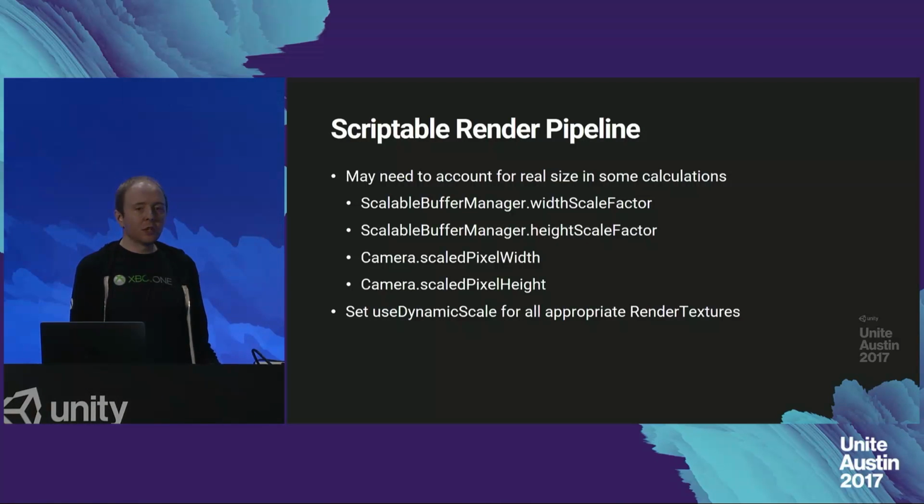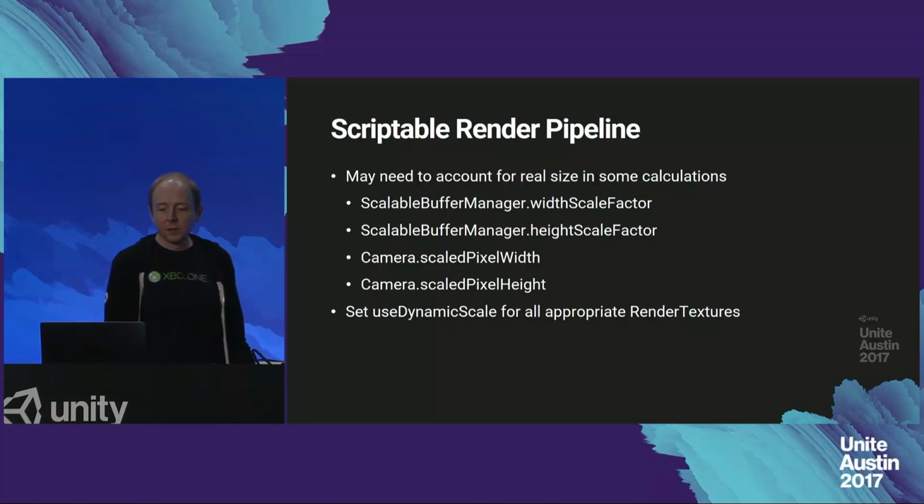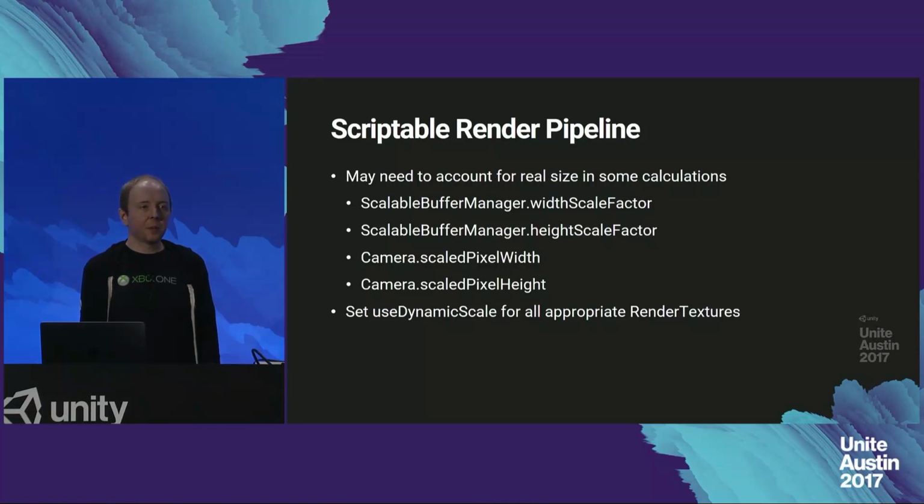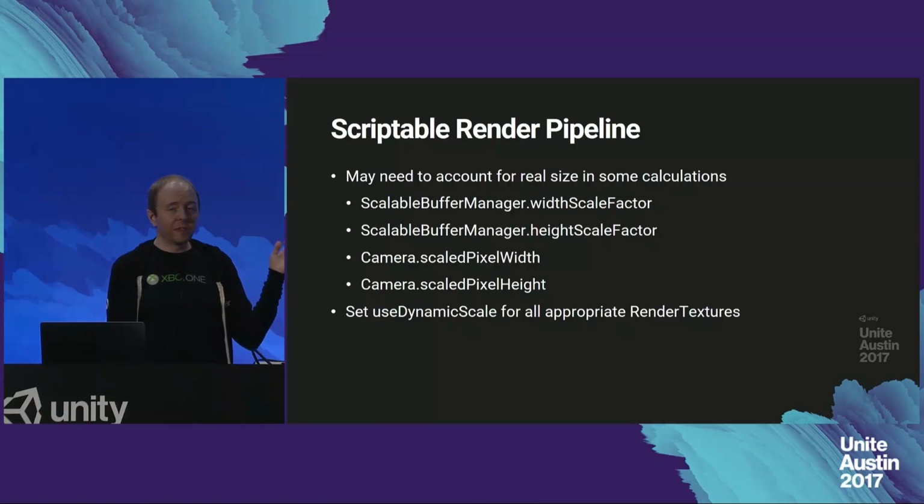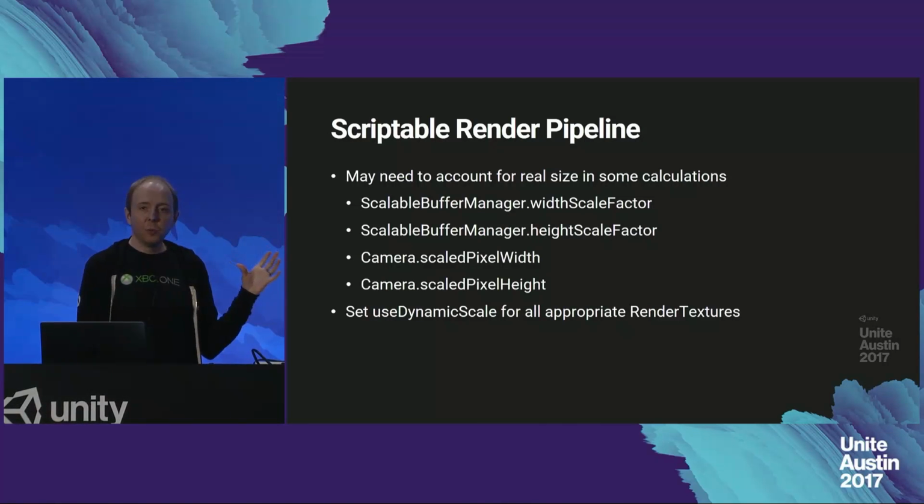Now, if you've been looking at the scriptable render pipeline, this also means that you're working with graphics at a bit of a lower level. And you may find there are some cases where you need to account for the real size of your render textures, including the scaling. So you can calculate this using Scalable Buffer Manager, that width scale factor and height scale factor, which give you back those float values that you passed in when you last called resize buffers.